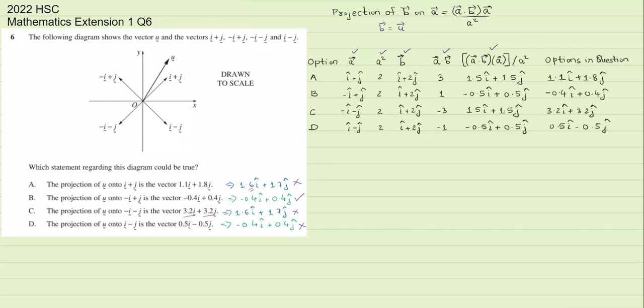If we see option A, 1.5i plus 1.5j, it does not meet exactly. 1.1 is close to 1.5, but not very close, and similarly 1.5 is close to 1.8, but not very close. And option B, minus 0.5i plus 0.5j, matches more closely than option A with the values of minus 0.4i plus 0.4j.